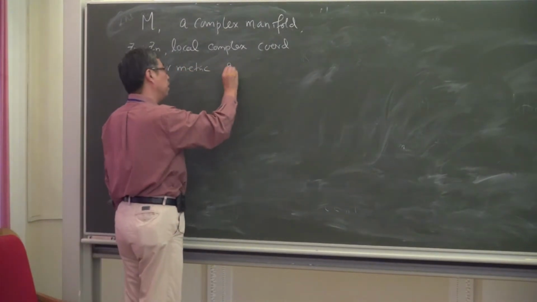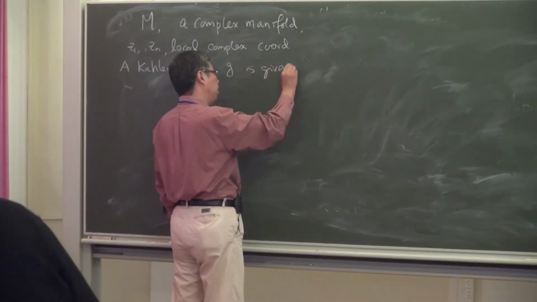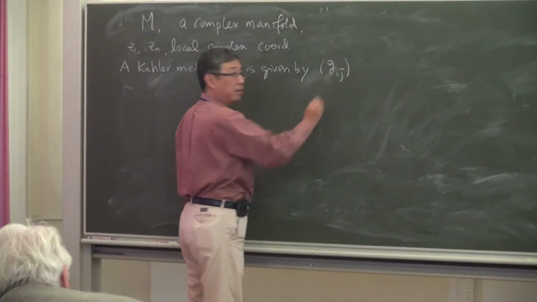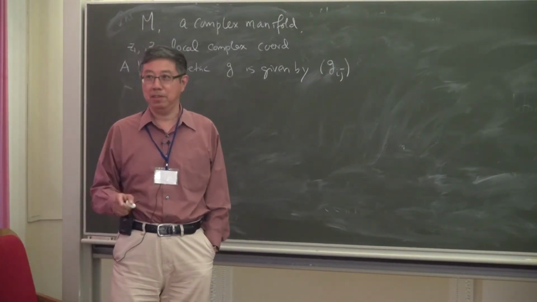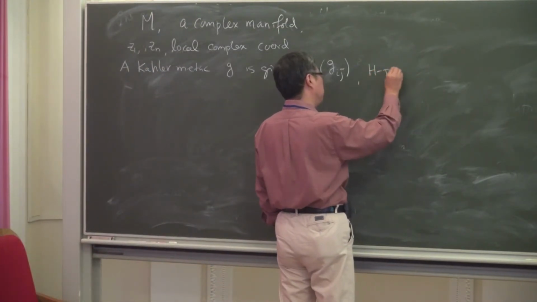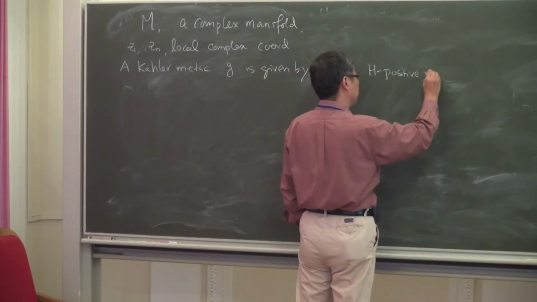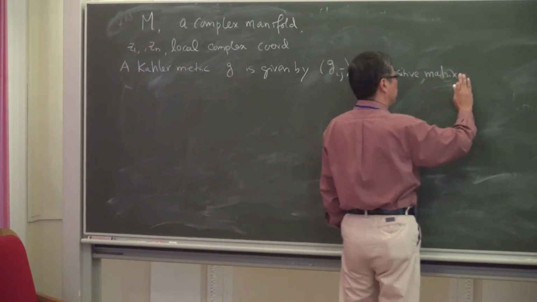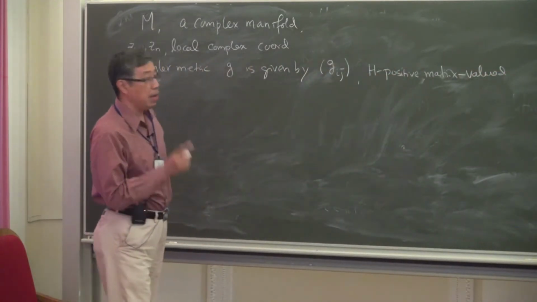G, so it's given by G i j-bar. This is a Hermitian positive definite matrix, so it's a Hermitian positive matrix-valued function. But by itself it is not Kahler yet.